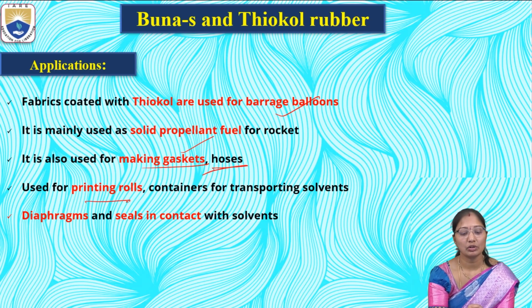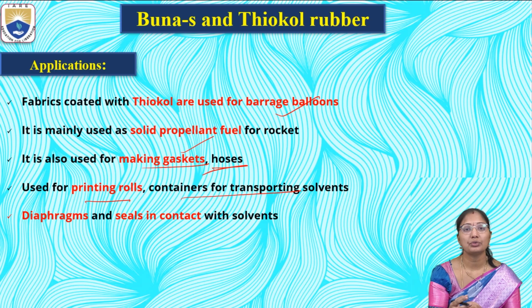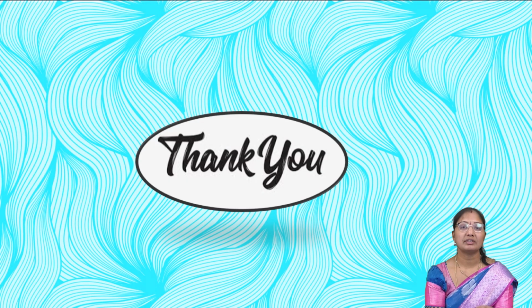Used for printing rolls, and containers for transporting solvents, because it is chemically inert and gives good resistance to oxidizing agents as well as oils, greases and also some organic solvents. Tanker liners were prepared using these rubbers. Diaphragms and seals in contact with solvents are usually made of Thiokol S rubbers.